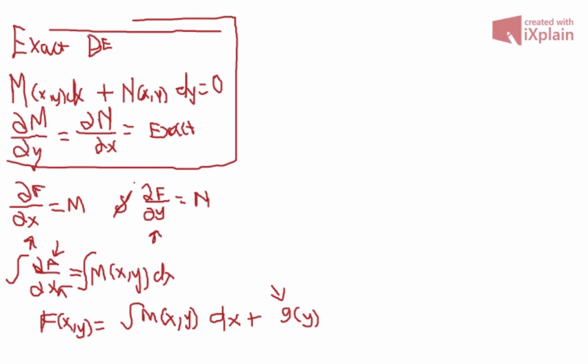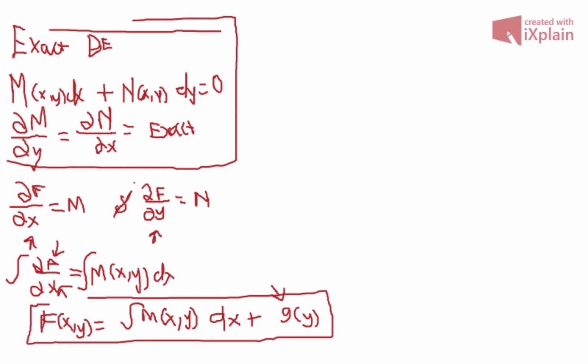Now, after doing this, we take this part. We don't want to erase it, because at the end of the solution we need to bring it back and write it. We need to take this part and derive it with respect to y.